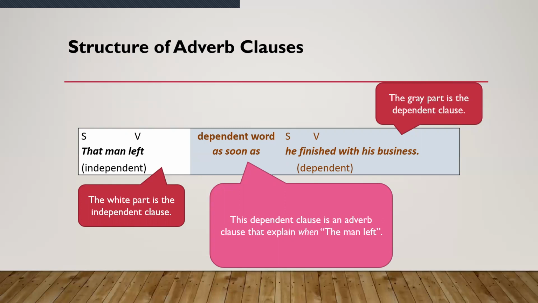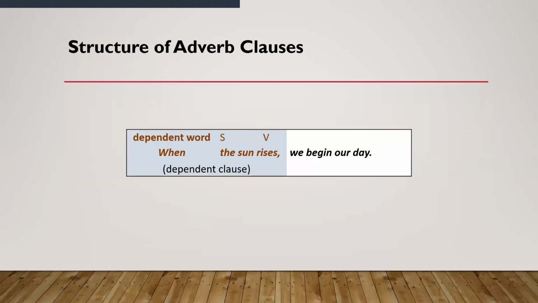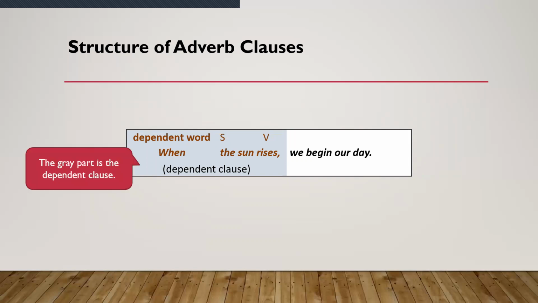However, the case will be different if the adverb clause, or the dependent clause, is in front. Let's see. Now, this is the structure if the adverb clause is in front of the independent clause. This gray part is the dependent clause. This white part is the independent clause.